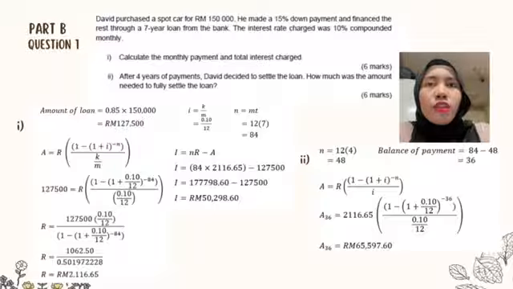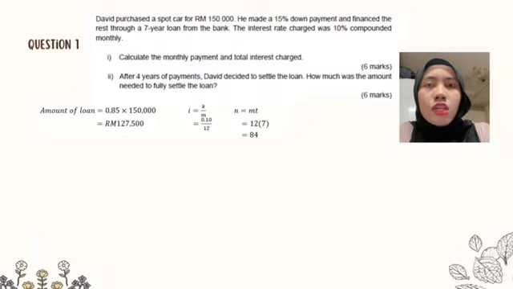So, we are going to enter the value. R is 2,116.65, while i is 0.10 over 12 and n is 36. Once we enter the value, we will get 65,597.60 ringgit Malaysia.